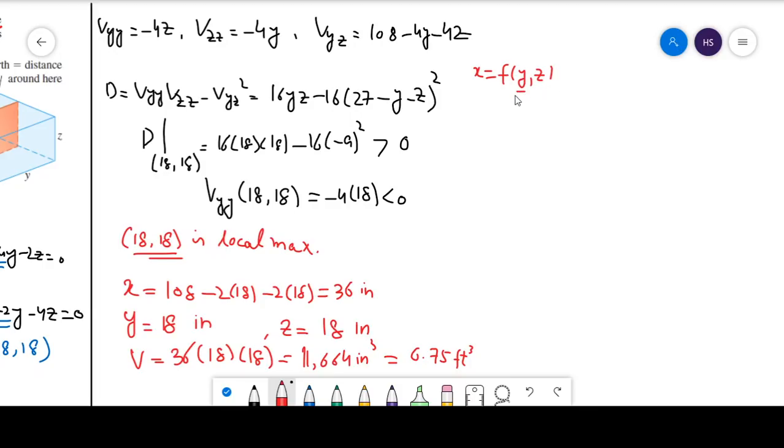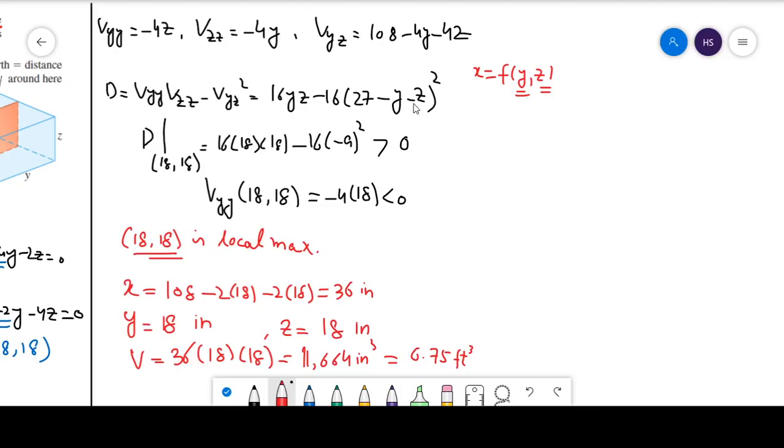That means your first independent variable is y and your second independent variable is z. So our discriminant, which would have been Vxx Vyy minus Vxy squared if it were x and z, now becomes Vyy Vzz minus Vyz squared.